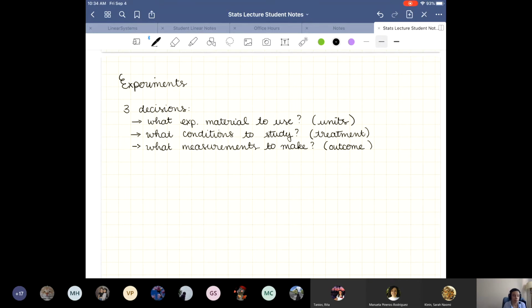So maybe I am evaluating the number of cases, in which case my outcome is going to be gets polio or doesn't get polio, but it could be a test result. It could be the time that it takes to complete a task. It could be the score that you get on a memory test. It can be anything at all, okay? So what measurements to make, and that's the outcome.